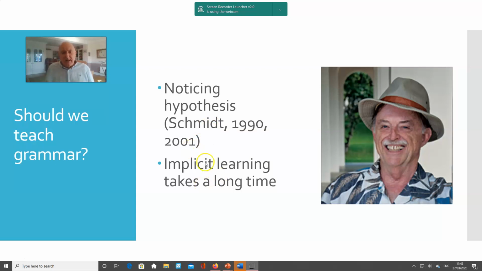He actually rode back a little bit on that by 2001, but the feeling is that if students don't notice something that's going on in the form of the language, they won't acquire that grammatical form. And implicit learning takes a long time. So in the classroom, if we make sure that students notice grammatical forms, point them out, and map the meaning to the form, that will help.